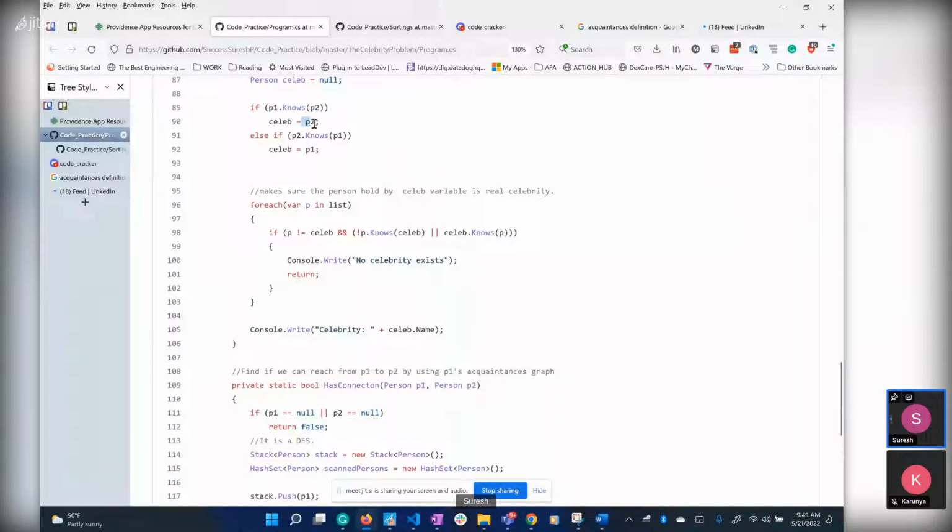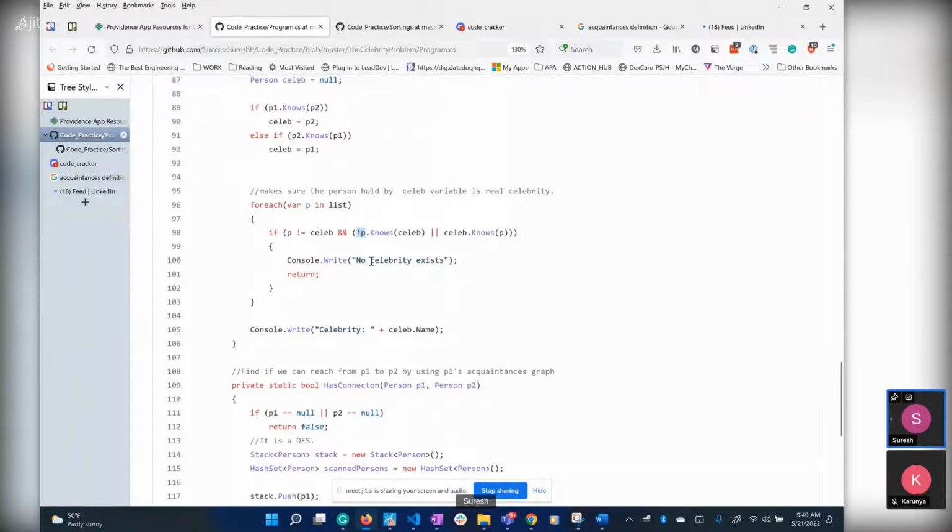This is a one-time thing. We already guessed this guy is a celebrity, which is why we are checking whether he is a real celebrity or not. This is a self check: P not equal to celeb, because everybody knows himself. Then we process the list here. If you find anybody who doesn't know the celebrity, then no celebrity exists.